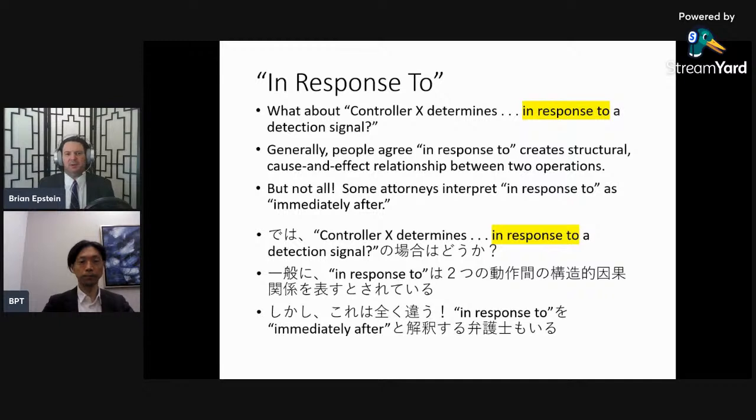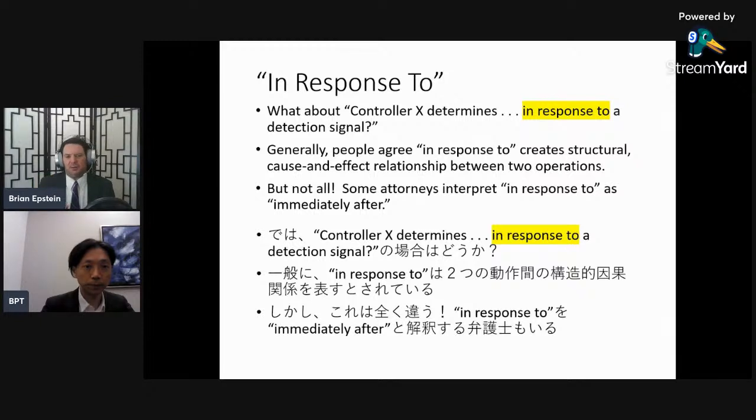Well, generally, people agree that "in response to" creates a structural cause and effect relationship between 2 operations, right? Like if you have a flow chart, you can see the link between the 2 blocks of the flow chart that gives structure to the operations.